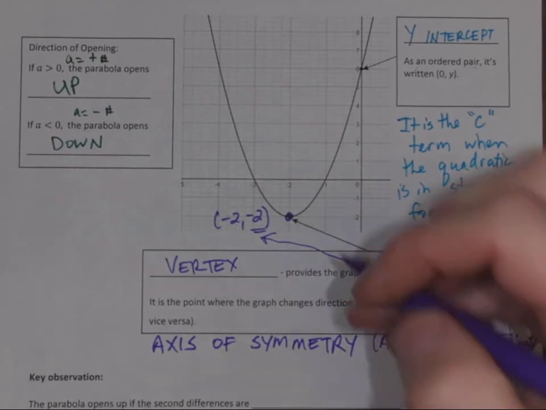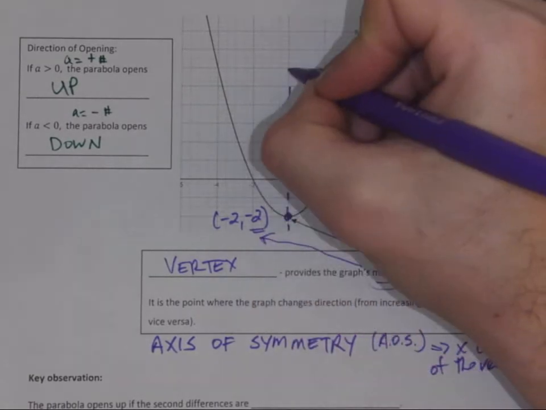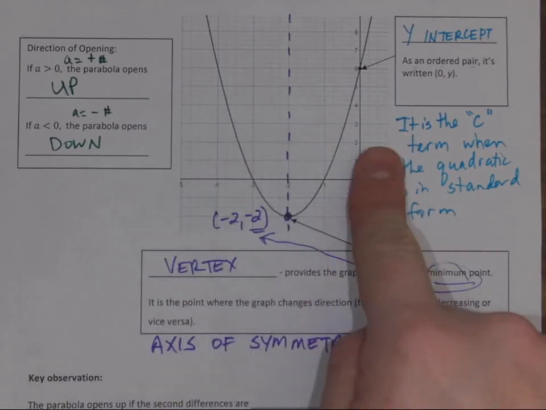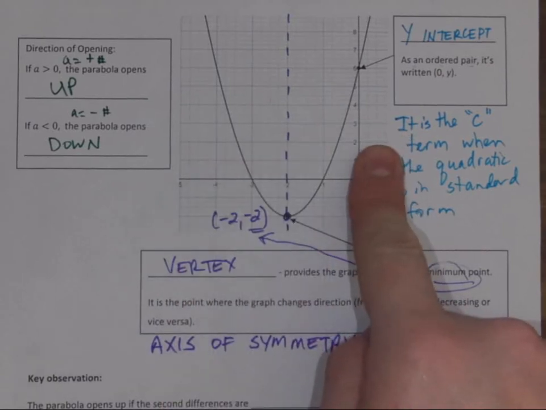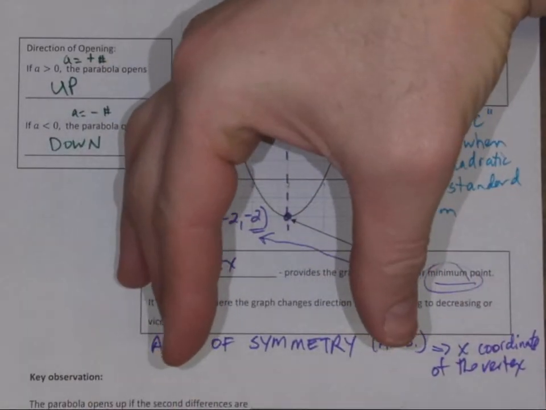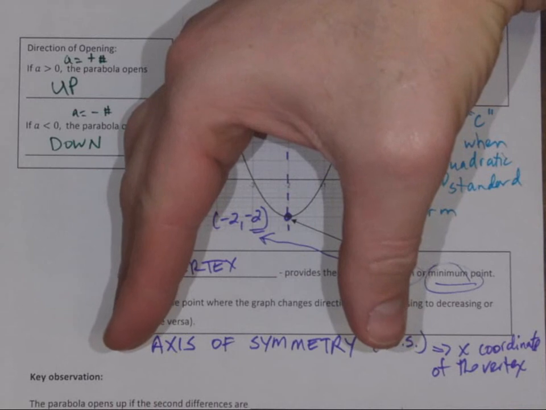It's a hypothetical line that goes right through the vertex where the left side is a mirror image of the right side. In grade 10, we only talk about parabolas that open up or open down. y equals x squared being our standard or starting point of a parabola.